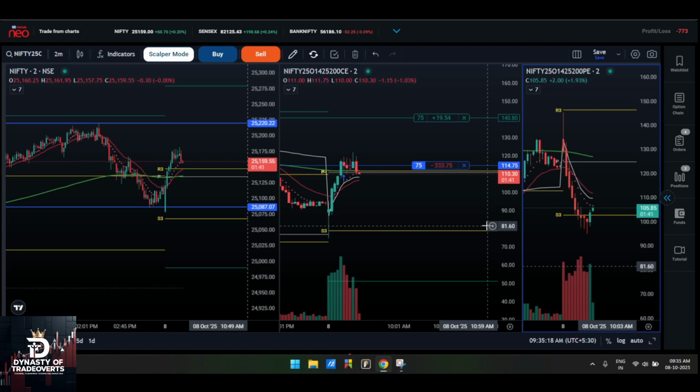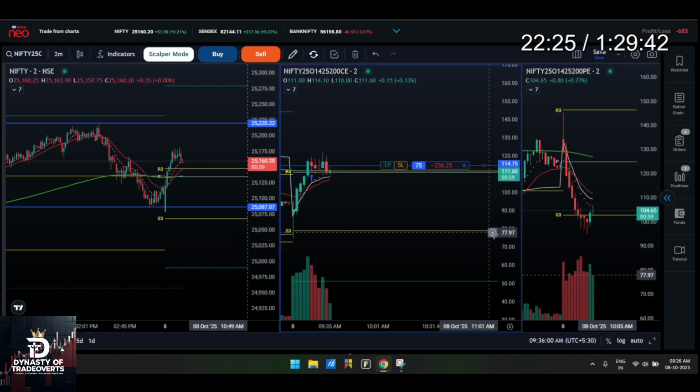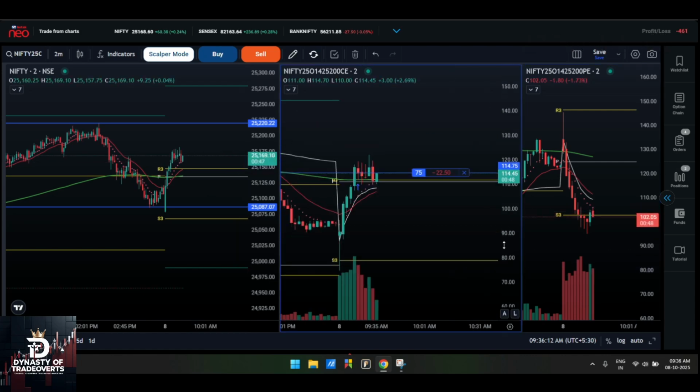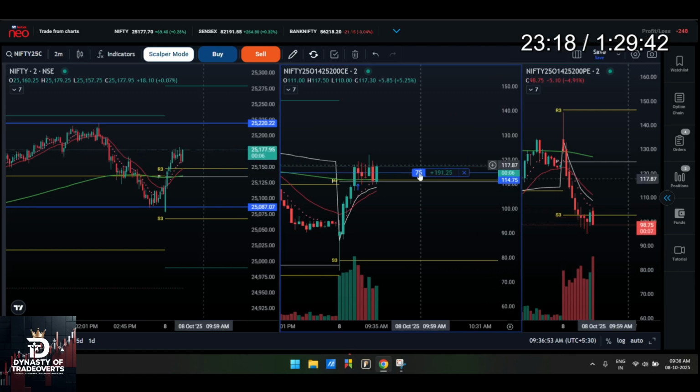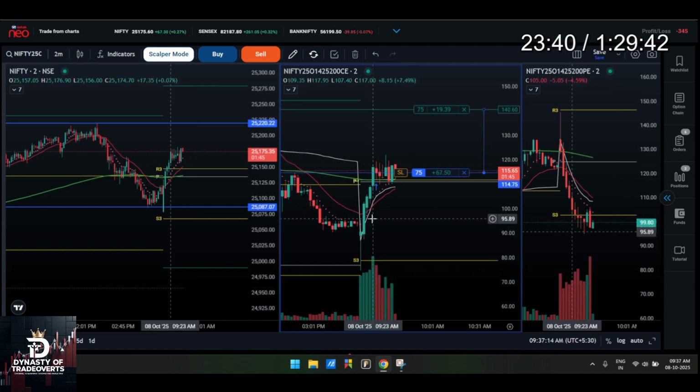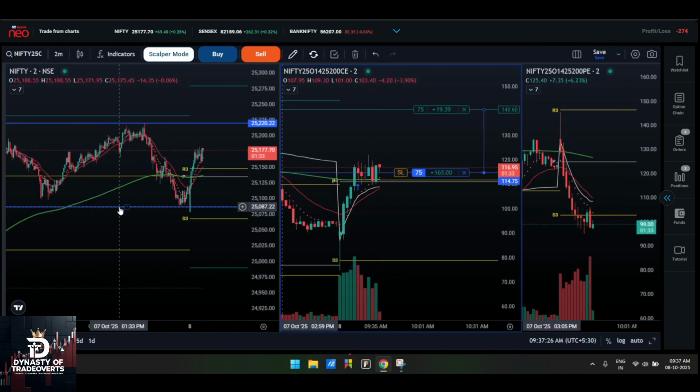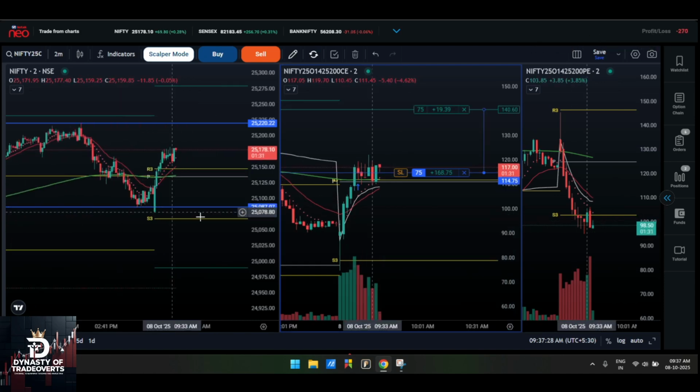So I'm holding. As soon as I see a green candle, I'm placing my target order at 25 points.